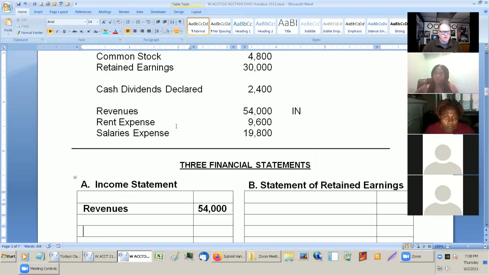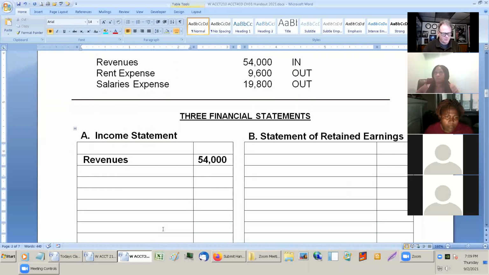And money going out are going to be these expenses. This is money going out. Again, if this seems unusual, it should be the first time you've seen it.